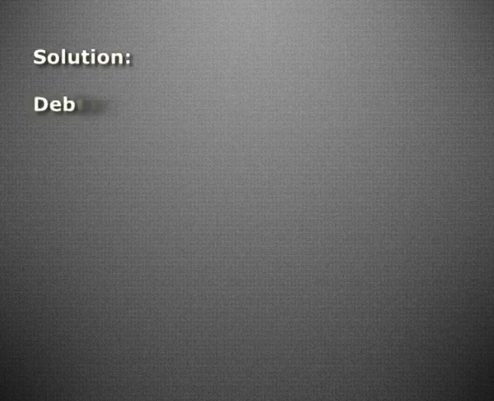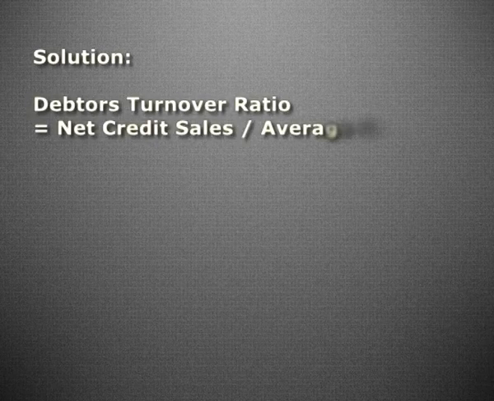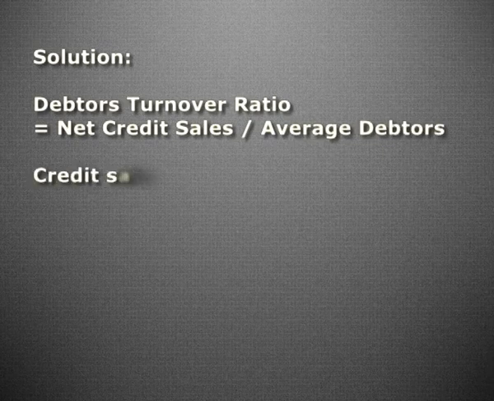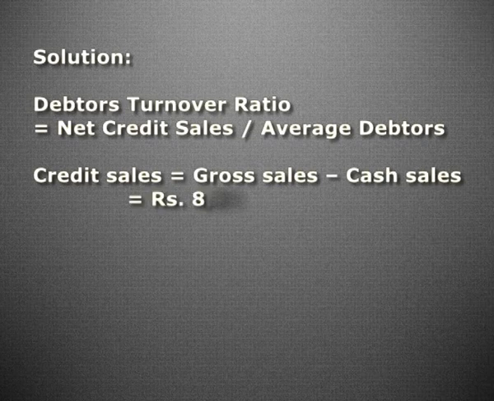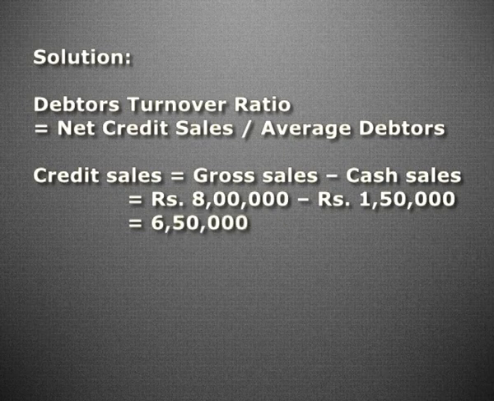Solution. Debtors turnover ratio is equal to net credit sales divided by average debtors. Credit sales is equal to gross sales minus cash sales, which is equal to rupees 8 lakhs minus rupees 1,50,000, which is equal to 6,50,000.